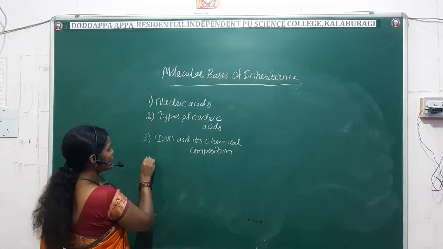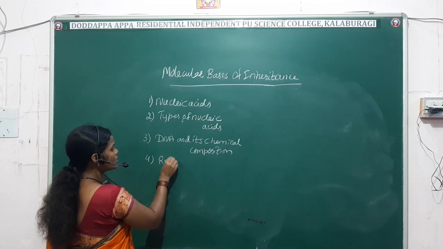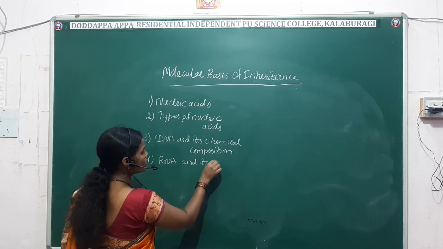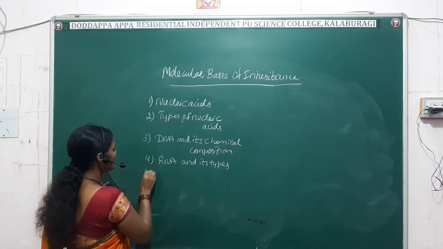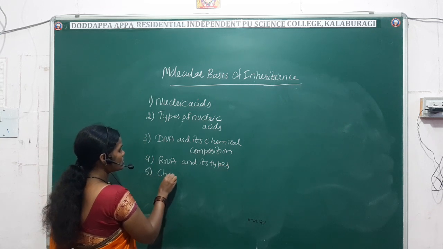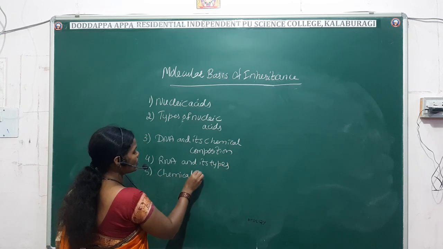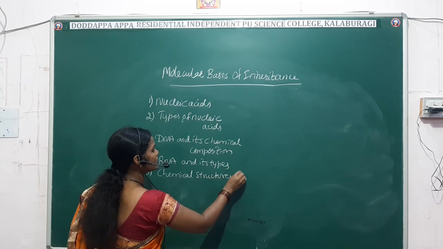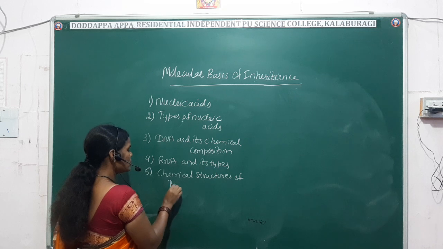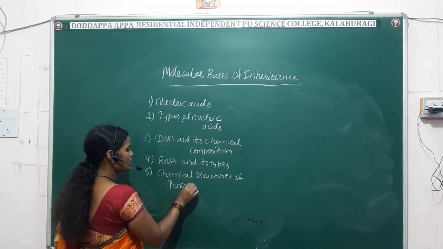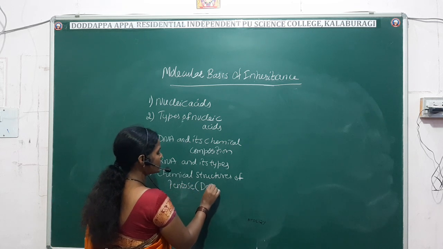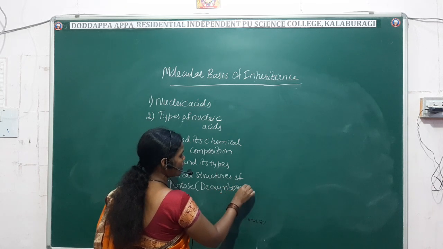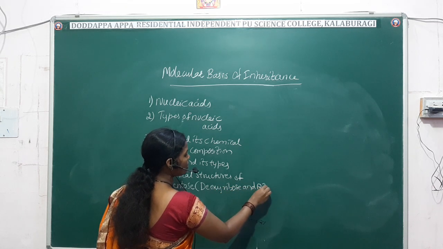Then we saw RNA and its types. We also saw the chemical structures of the pentose sugars, deoxyribose and ribose.